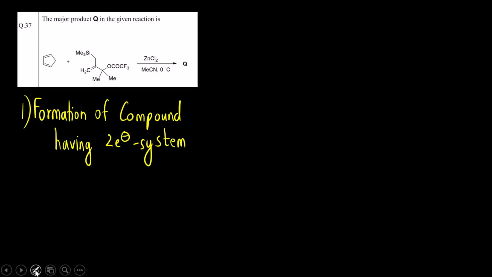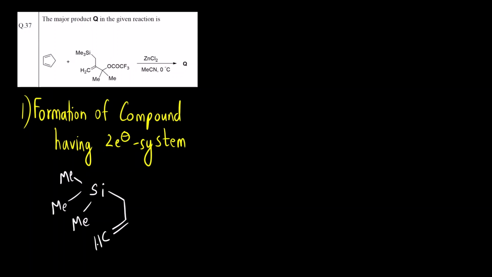What is given to us is silicon. To this silicon there are 3 methyl groups attached. Then there is this carbon, double bond CH2. Then we have 2 methyl groups and O, C double bond O, CF3.